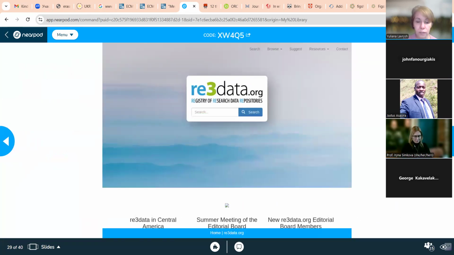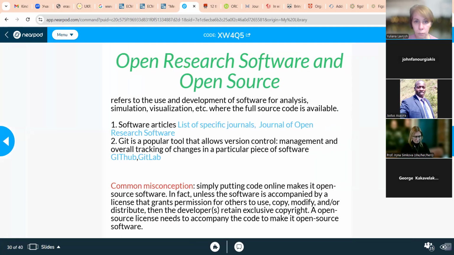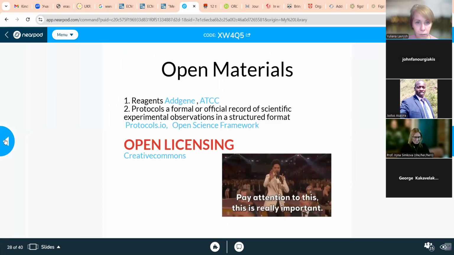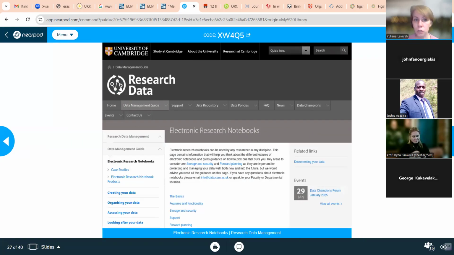I've put a lot of links for you here. Here is one of the repositories. You can just Google open data repository if you don't have these links. Or also, for example, here, it's about software. So let's come back. Or for example, here, research data repository.